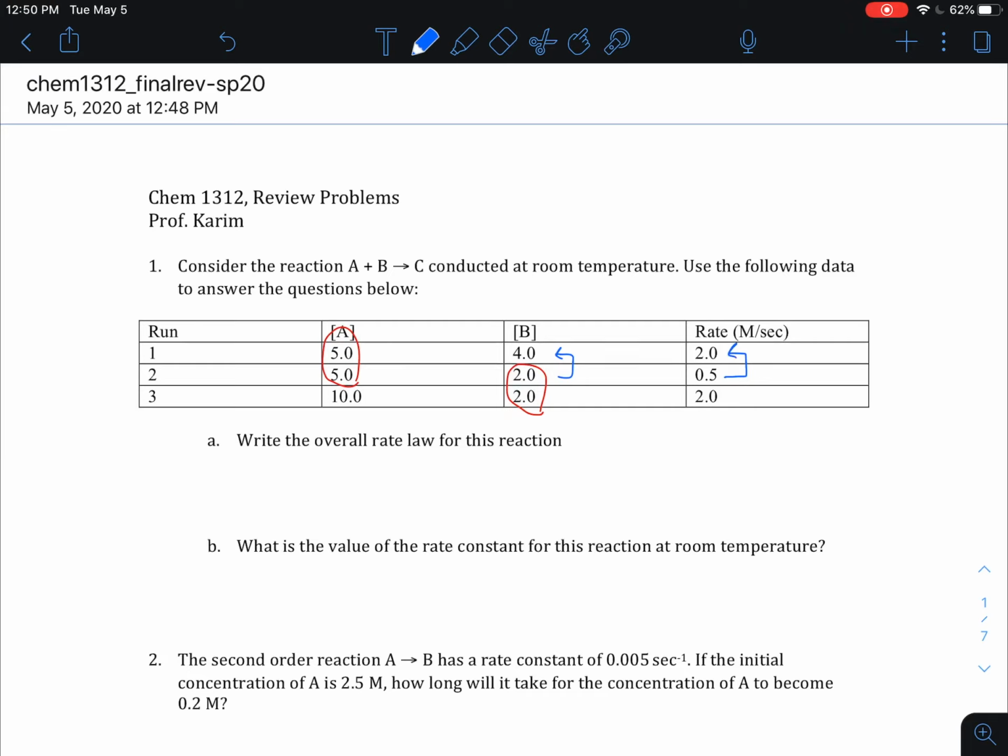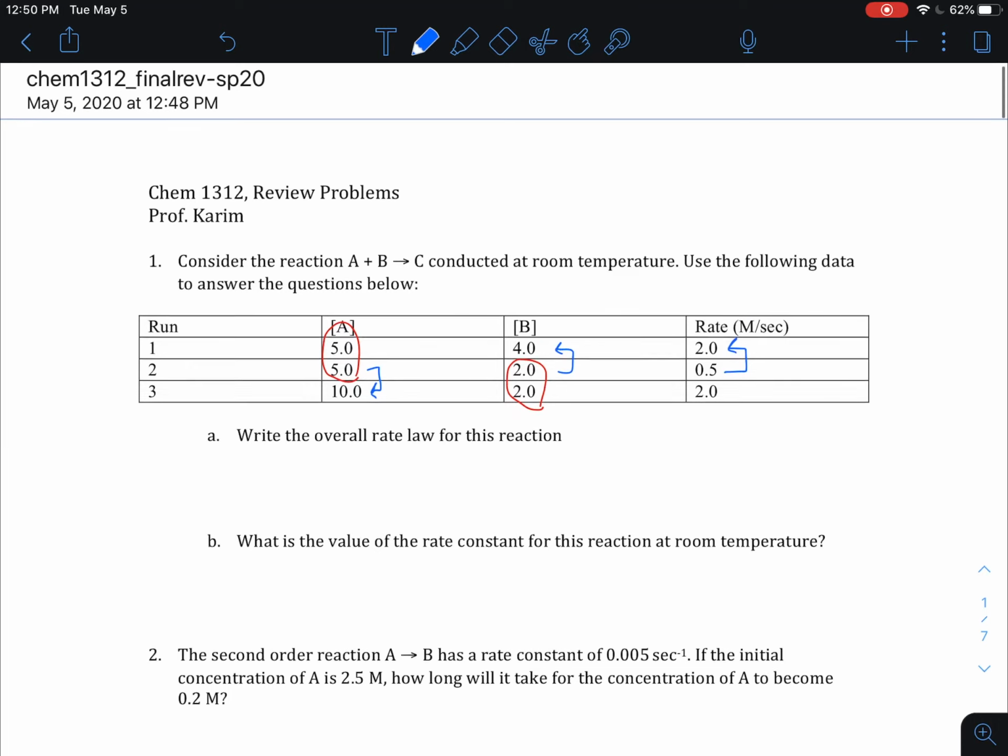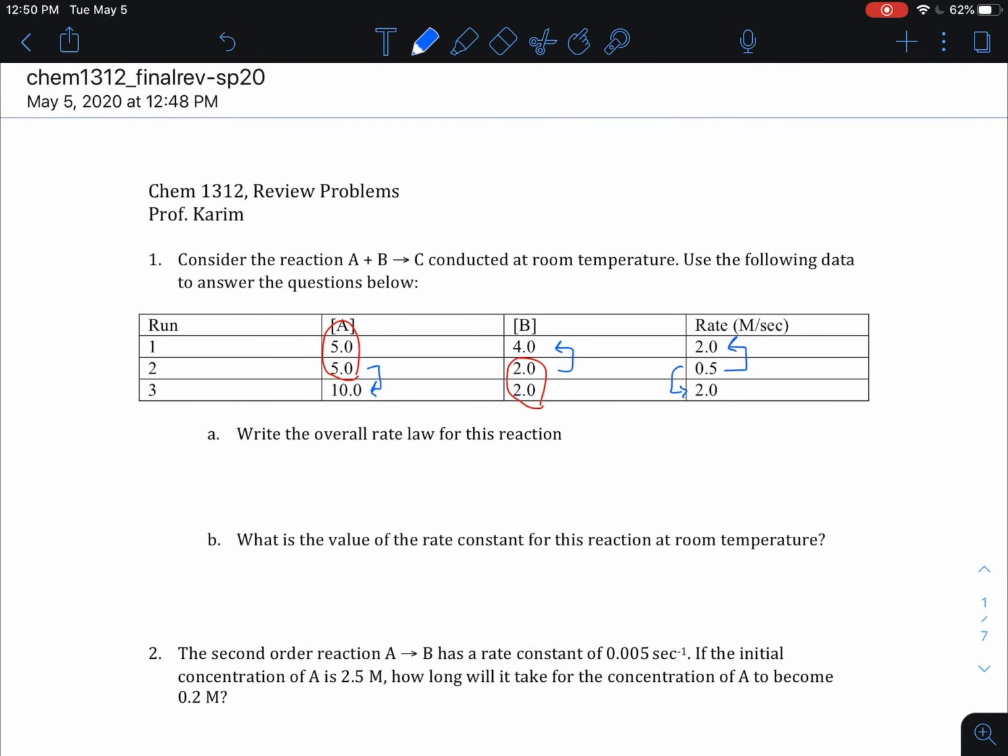Now from run 2 to run 1, we see the amount of B doubles, and the rate goes up 4 times. And then from run 2 to run 3, A doubles, and the rate also goes up 4 times.